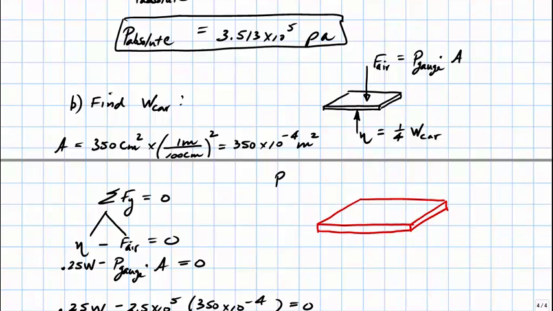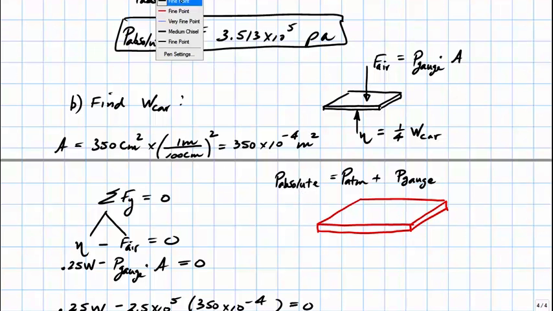However, the absolute pressure equals the atmospheric pressure plus the gauge pressure. So we can represent the absolute pressure through two components. This arrow will represent the atmospheric pressure, and this arrow will represent the gauge pressure. However, the underside of this pad is exposed to the atmosphere.